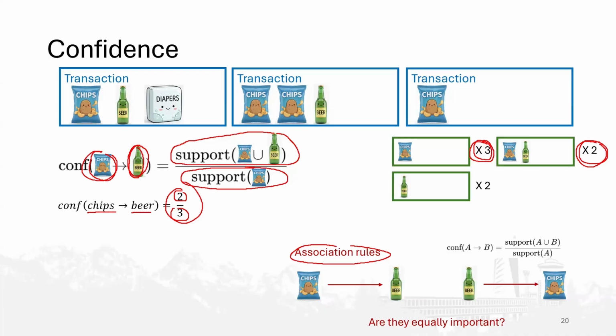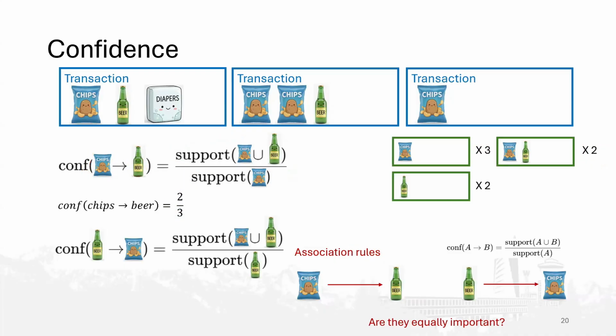That's the confidence here. Now, similarly, if you want to figure out the confidence for if you see the customer buy beer, then how likely they will also buy chips. For the same idea, first of all, you want to know how many times the customer buys chips and beer together. And then you also want to know how many times the customer buys beer. So from this transaction and the item set, you see that the customer buys beer 2 times, where all of these 2 times they also buy chips.